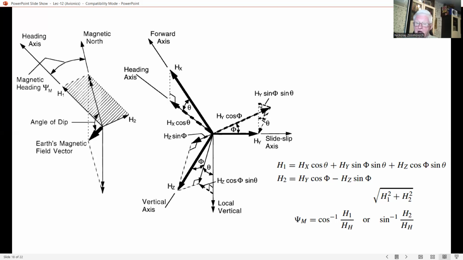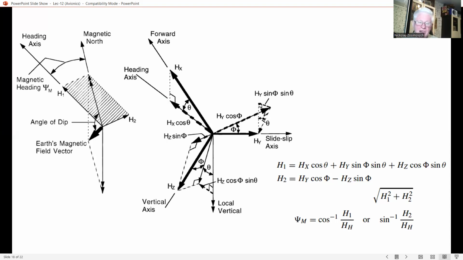From the measured outputs of the three fluxgates, we have Xm, Ym, and Zm. Okay? And the stored coefficients we just mentioned, A1 to A3, B1 to B3, C1 to C3, and D1 to D3, as in the previous equations.